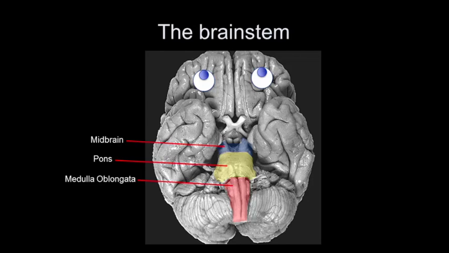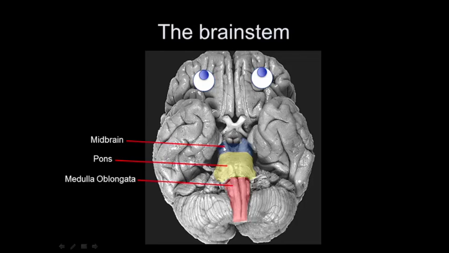It's almost like a ball up here, and on top of it, partially hidden, is the medial aspect of the temporal lobe, but you can kind of see the midbrain in blue. The distinctive feature of the midbrain in this case is these two gigantic bundles of fibers.